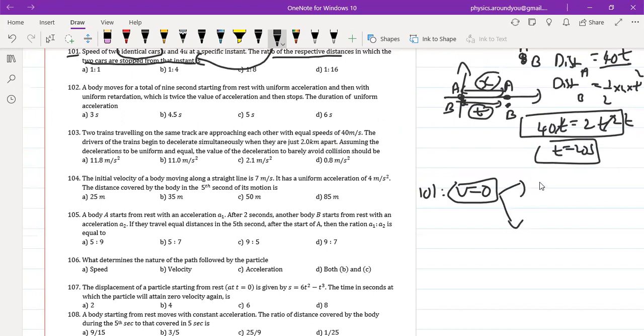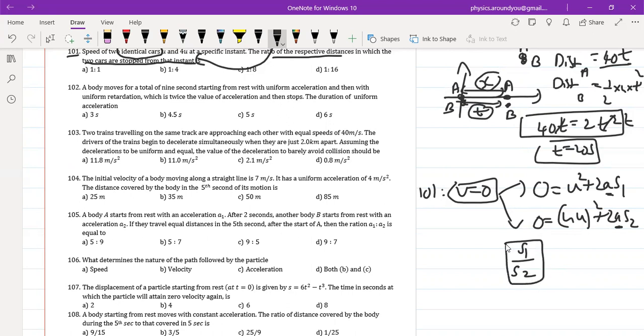So it is 0 equal to u square plus 2as1. For the second car, it is 0 equal to the initial speed of the second, which is 4 times the first, so (4u) whole square plus 2as2. Accelerations of both the cars are the same since the cars are identical. Now we find the ratio of S1 to S2.